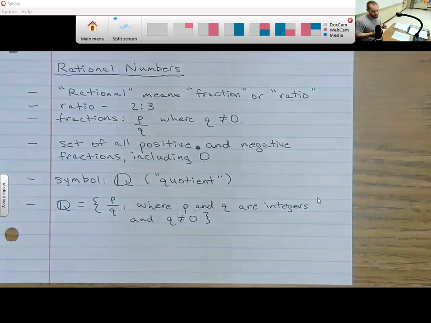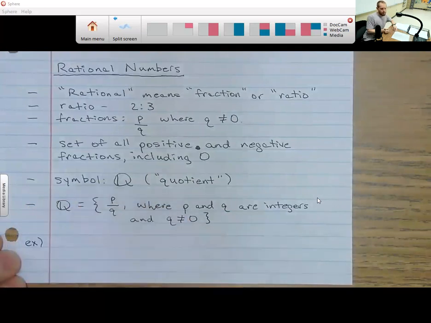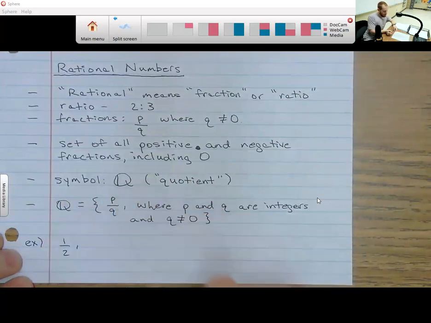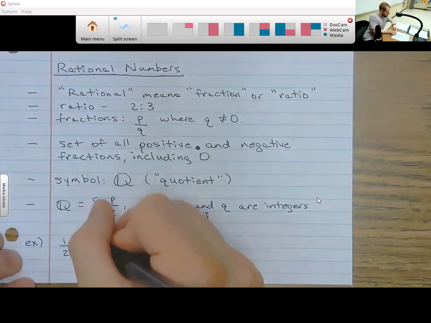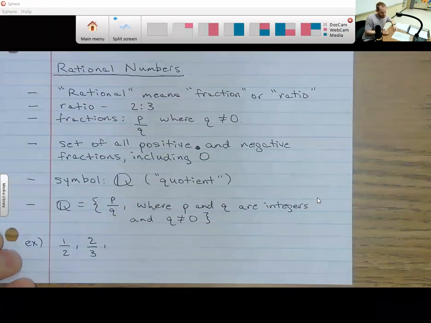So what are some examples of rational numbers? Let's get a few examples going. The first fraction that comes to my mind is 1/2. Another fraction, maybe 2/3, but these are positive fractions, right?